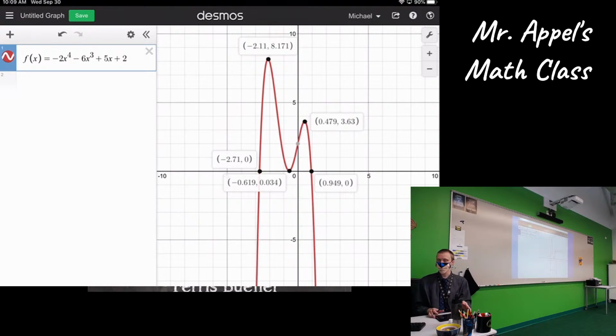So we can compare and sort of check our work here, right? So I've got the function input there. I don't get my little laser pointer anymore. But we have the function on the left, and then the graph. You can see I've gone ahead and highlighted each of those extrema.